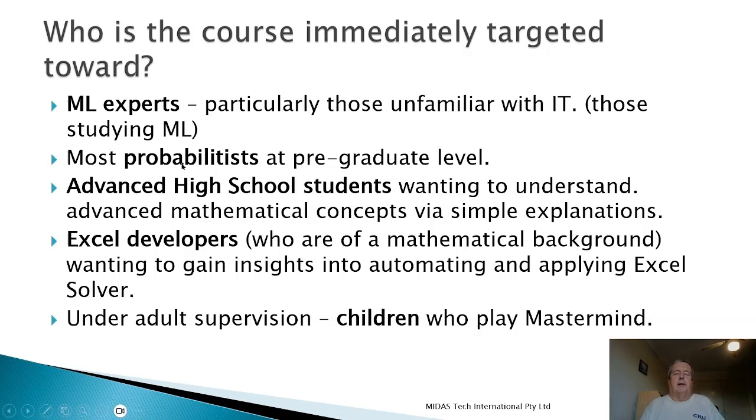Most people who study probability at university, advanced high school students wanting to understand advanced mathematical concepts via simple explanations, Excel developers who are of a mathematical background, wanting to gain insights into automating and applying Excel Solver. So these people wouldn't necessarily want the whole course, but they want certain lectures in it. And as I said, under adult supervision, children who play Mastermind.